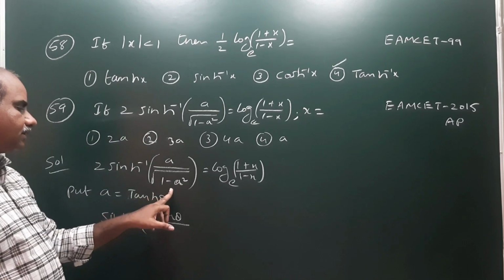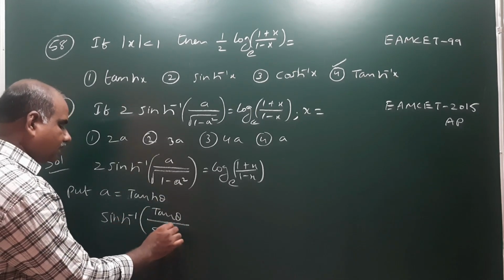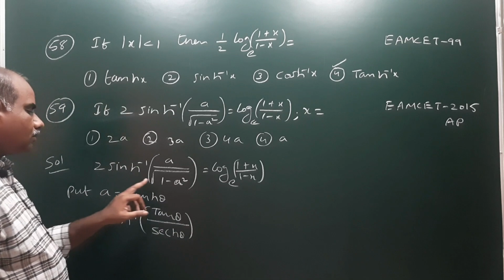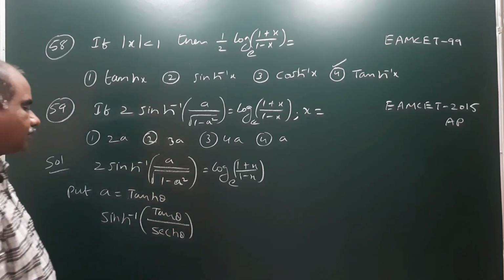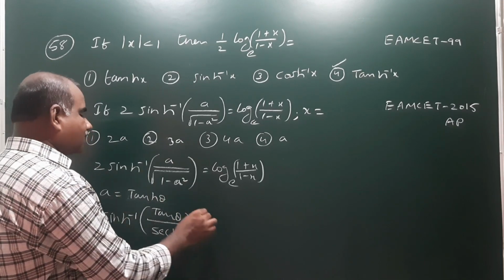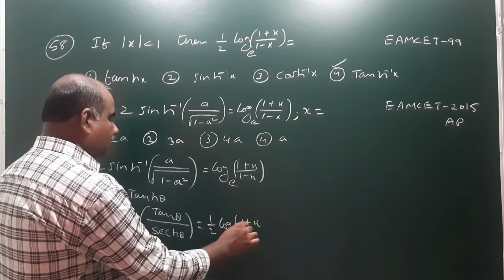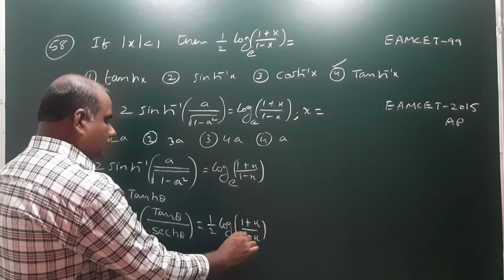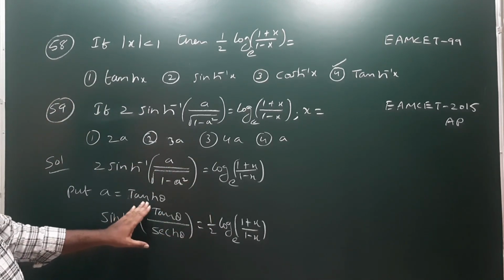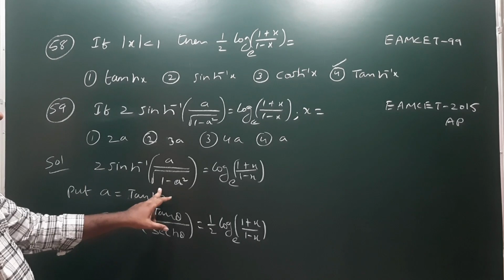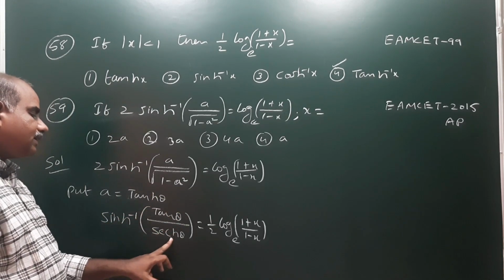If you substitute this here, root of 1 minus tan h square theta is nothing but the formula for secant h theta. And 2 goes to right side, it becomes 1 by 2 log 1 plus x by 1 minus x base c. So a, tan h theta by root of 1 minus tan h square theta is nothing but secant h theta.